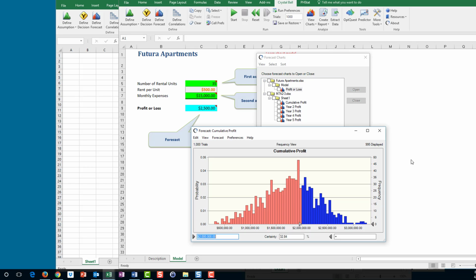IBM bought them about 3 years ago, and they've really started adding on a lot of tools. When I used SPSS, it didn't have these Monte Carlo simulations built in, but now you can do all this stuff in SPSS, and it's actually cheaper by a long shot than buying Crystal Ball. You can buy an annual subscription to SPSS for about $80.